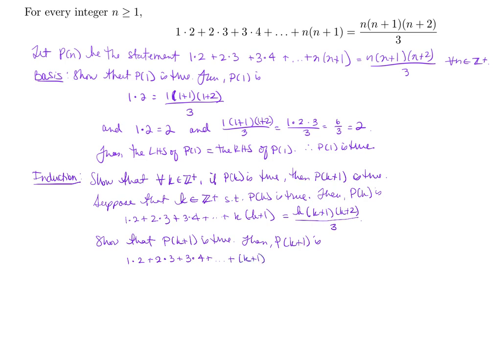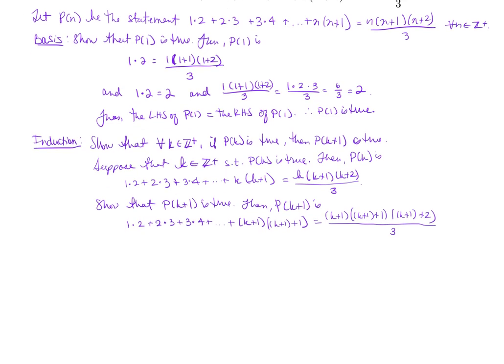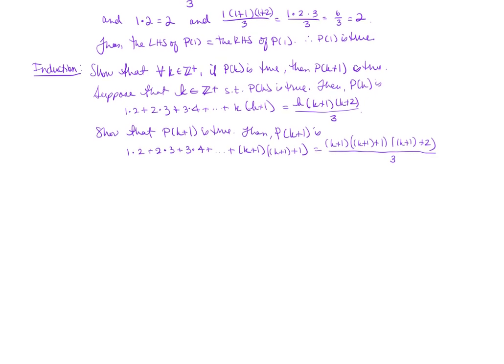So we'd have k plus 1 times k plus 1 plus 1, and it's going to equal k plus 1, k plus 1 plus 1, and we're going to write a lot of k plus 1s. K plus 1 plus 2 all over 3. And we want to start with our left-hand side, and then we'll show that it equals our right-hand side, just as we have on all the other ones.